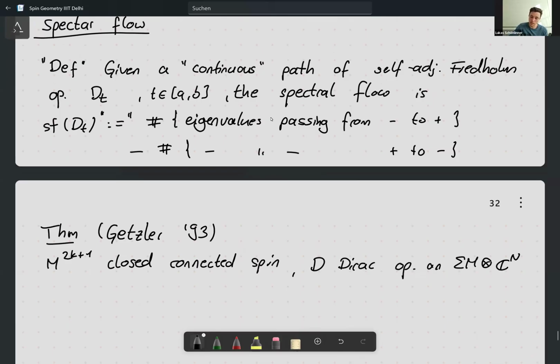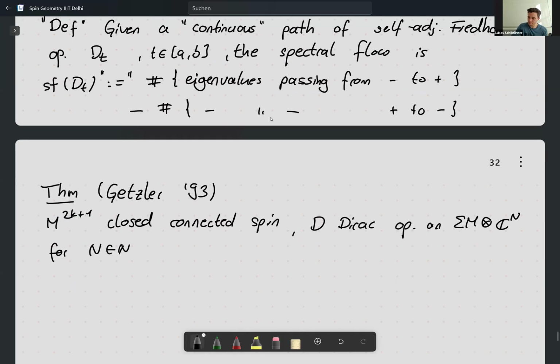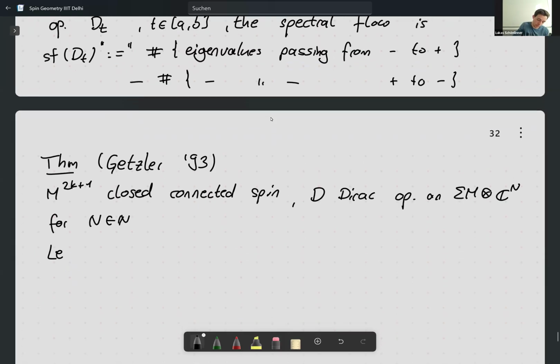So this is the trivial C^n bundle where n is some natural number. Then assume that we have a smooth map from M into the unitary matrices, let's say, unitary matrices acting on C^n, smooth.